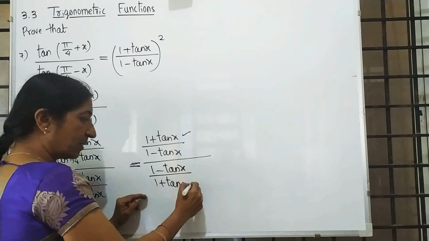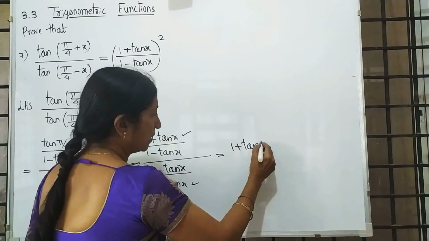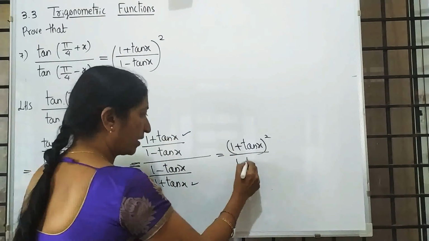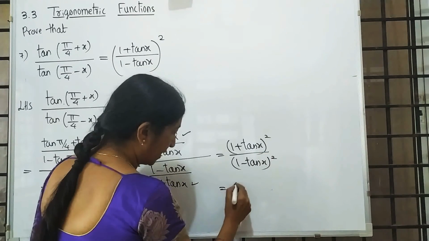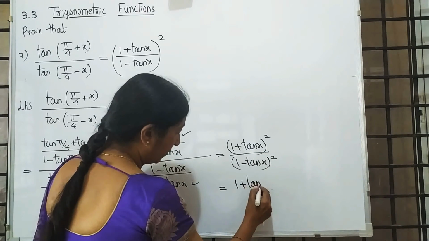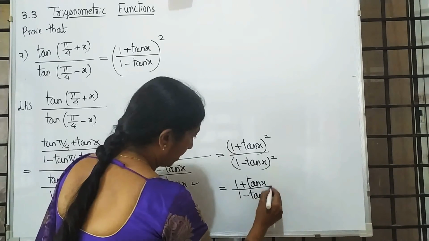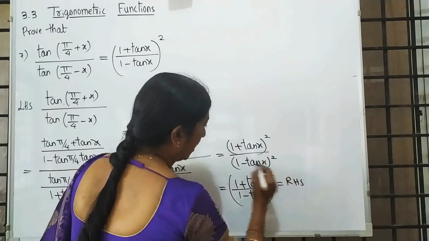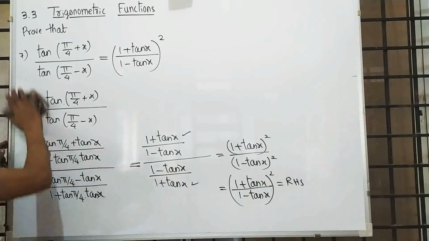See, this term and this term are same. So it is 1 plus tan x whole square. This term goes up, 1 minus tan x whole square. And this will be written as 1 plus tan x upon 1 minus tan x whole square. That is RHS. Moving to the next question, that is question number 8.